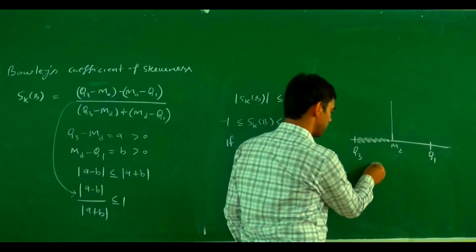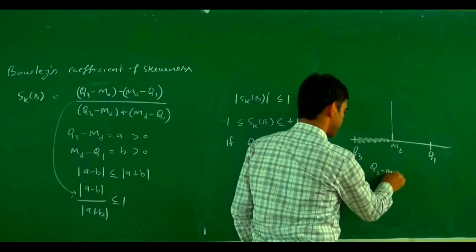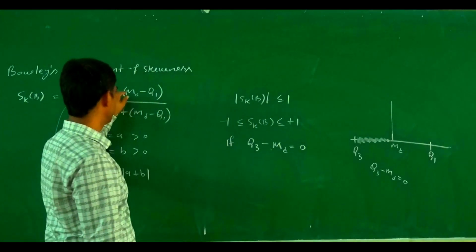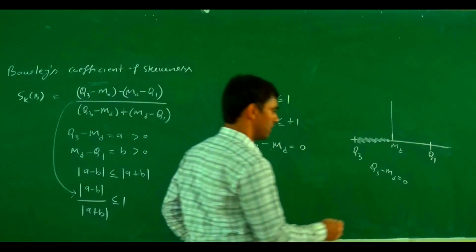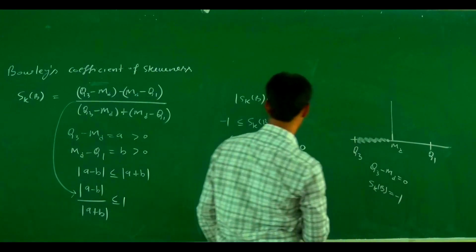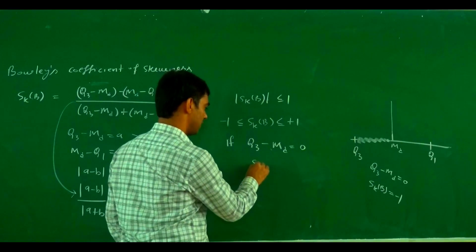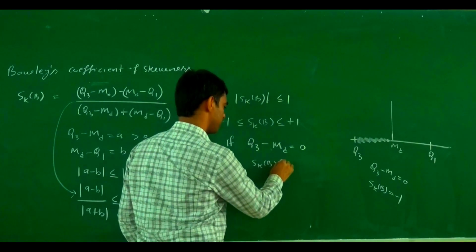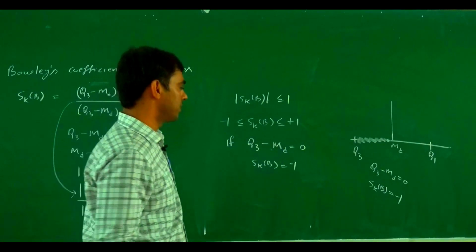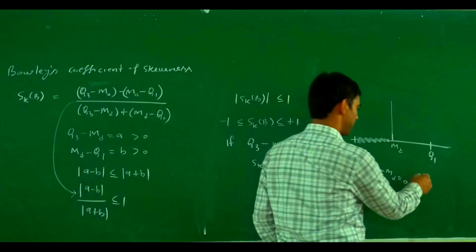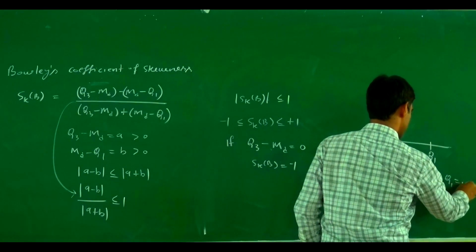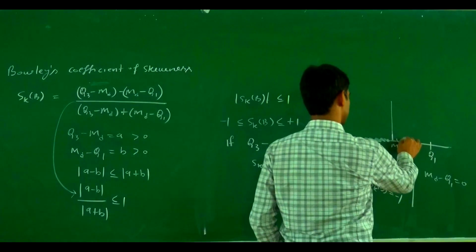So if Q3 minus MD equals 0, then what will happen? SKB becomes minus 1. Now, if this portion equals 0, MD minus Q1 equals 0, means that this portion equals 0.